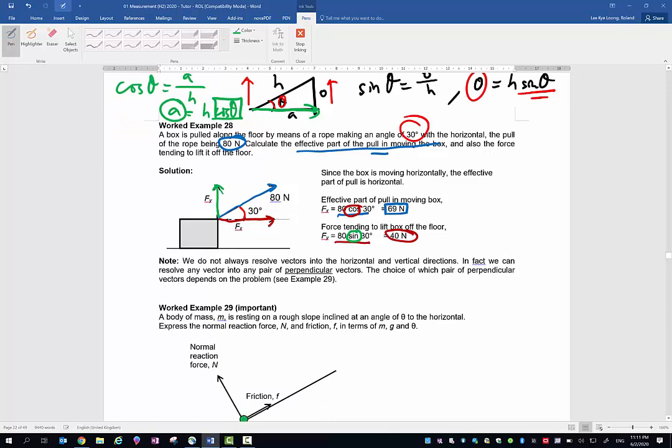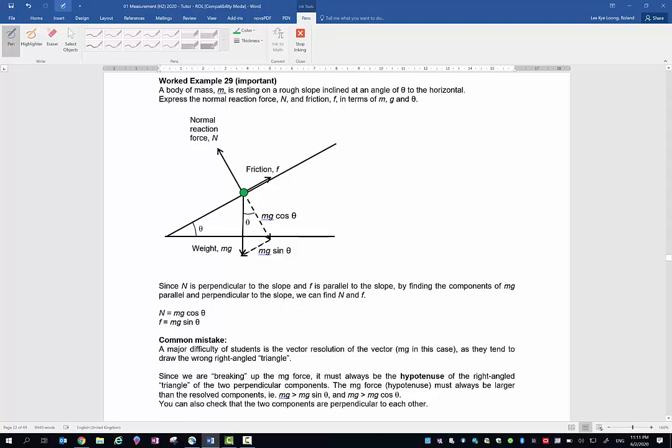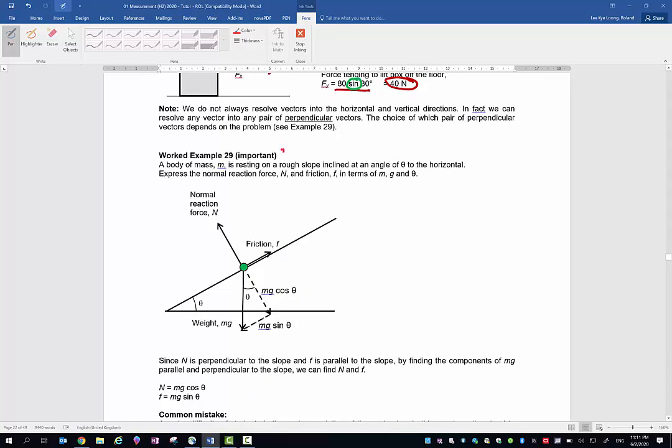Now, worked example 29 is obscenely important because this is the situation that you'll see in many questions. A slope. How do you resolve the vector on a slope? You really don't resolve in terms of vertical and horizontal. The horizontal is always with respect to the ground. In this case, a body of mass resting on a rough surface is inclined at an angle.